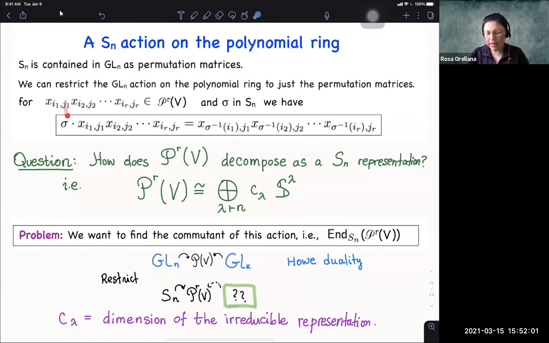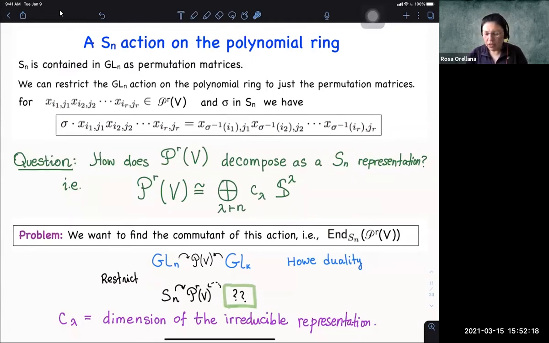So then you can ask again, how does the polynomial ring decompose as an Sn representation? And actually, this was the question that Mike asked when we first started to look at this.